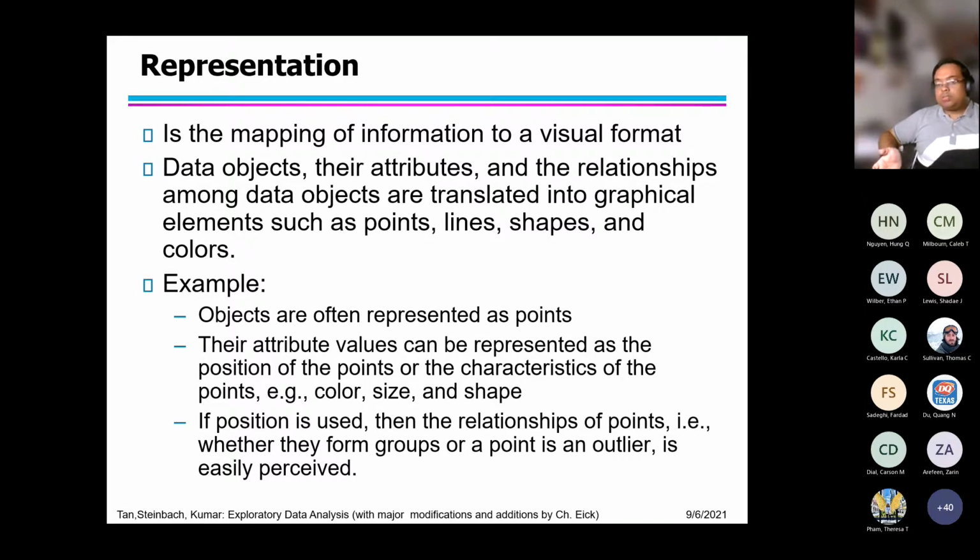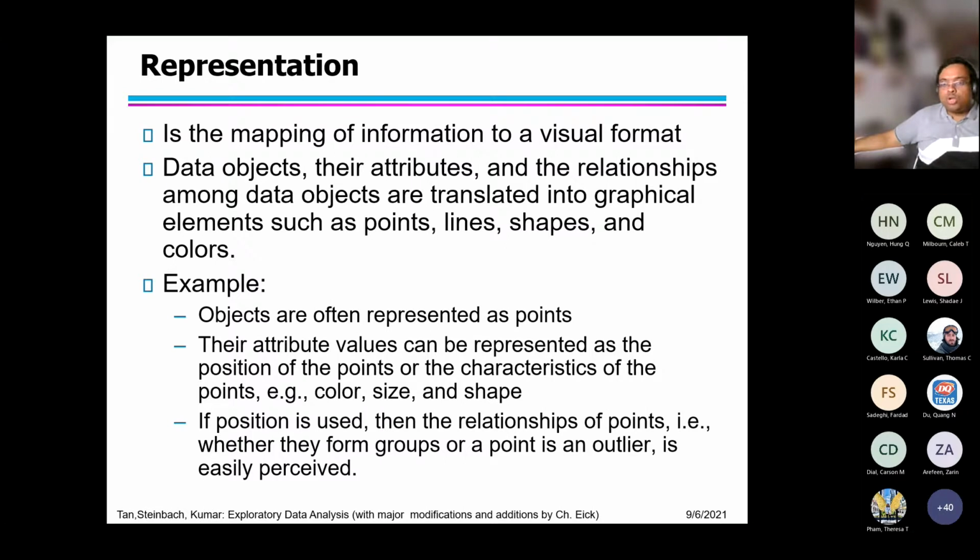You use tiny little lines showing the north and the south poles of the magnet. You don't want to use just points to show that, because you want to show lines of magnetic fields. You can't use points to show that. So you need to be careful about what kind of graphical element you use to map your chosen attributes together.